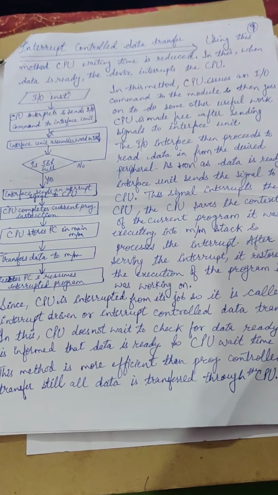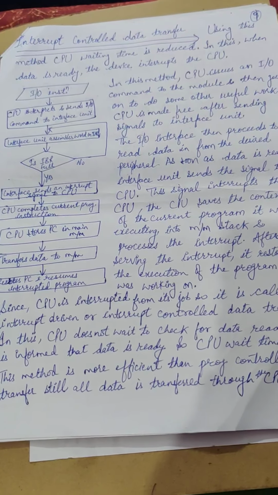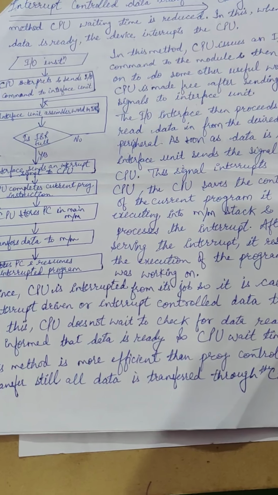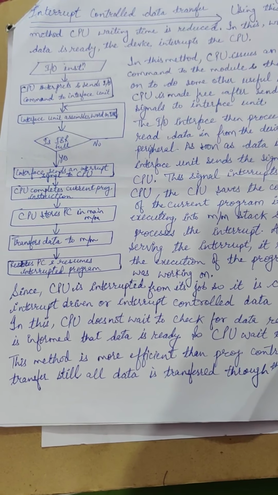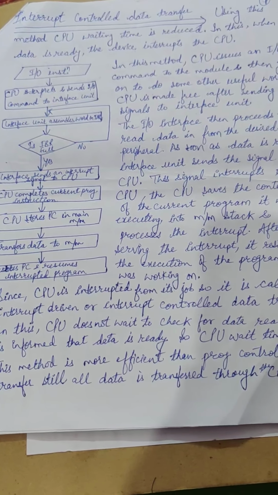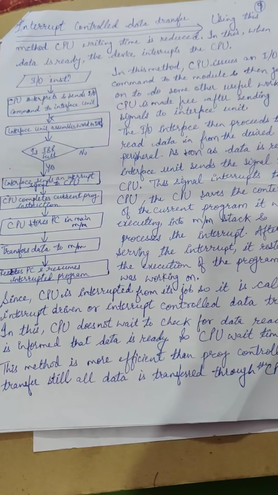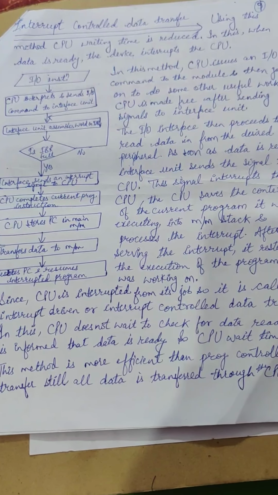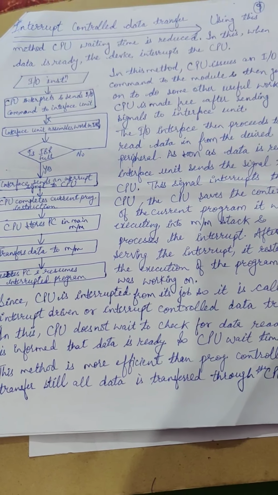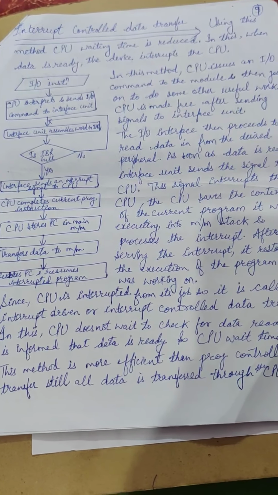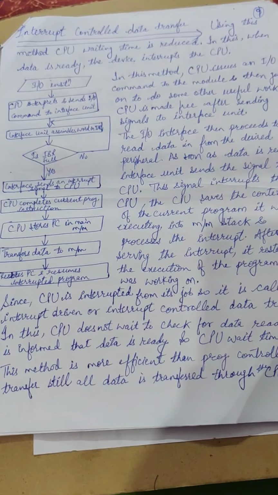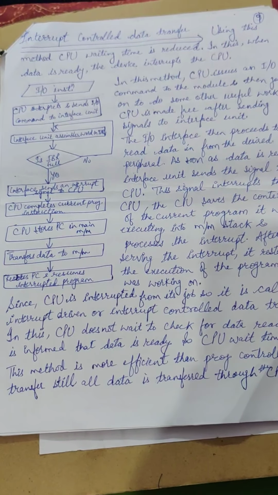Next is interrupt controlled data transfer. It is similar to interrupt driven I/O. In this, the data transfer is controlled through interrupts. That means in this the CPU just issues a command for I/O and does its work.